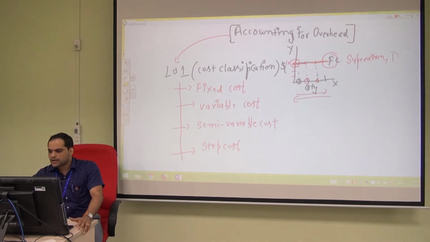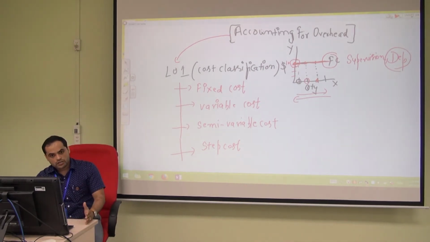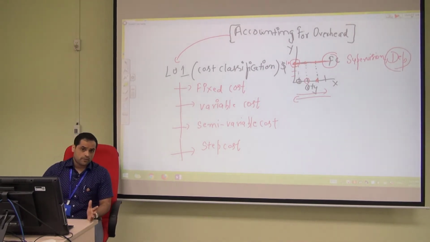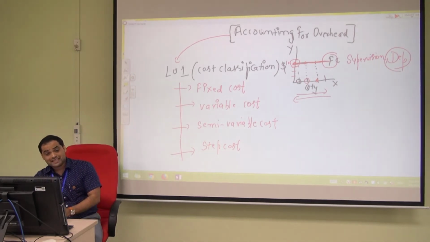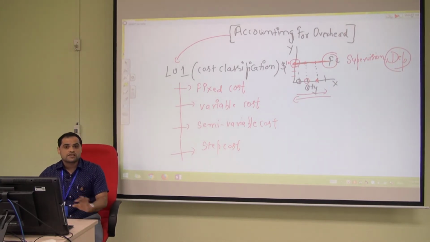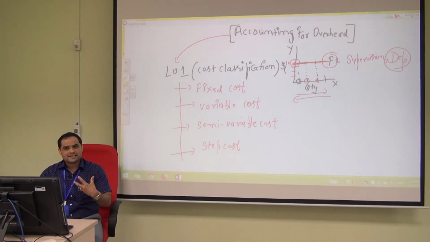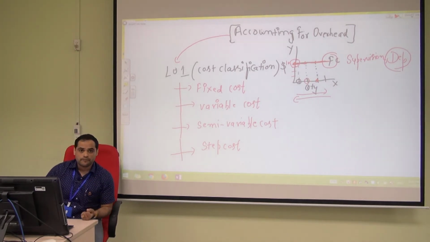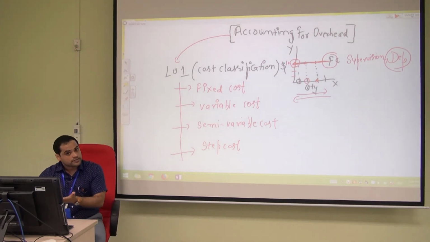Another example could be depreciation. You produce product, run machine, you pay for depreciation. You produce less, machine runs less, still you are paying the same depreciation. You are not producing product, machine is not running, still you have to pay depreciation because the value of assets goes down over a period of time. That is the fixed cost.